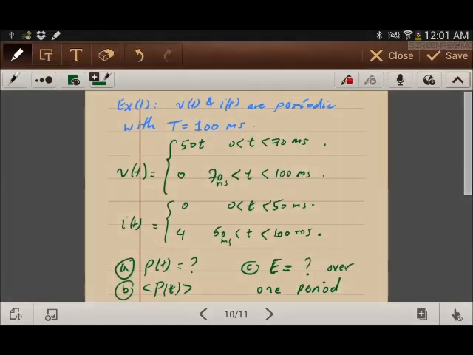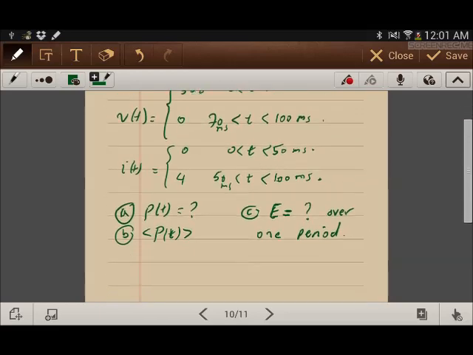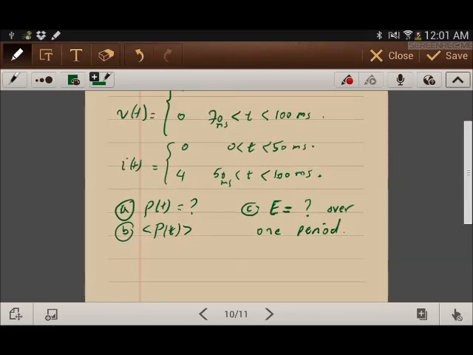Example number 1, we have a periodic voltage and current with a period equal to 100 milliseconds. The voltage is 50t when t is greater than 0 and less than 70 milliseconds, and 0 between 70 milliseconds and 100 milliseconds. Then the current is 0 between 0 and 50 milliseconds and 4 amperes between 50 milliseconds and 100 milliseconds.